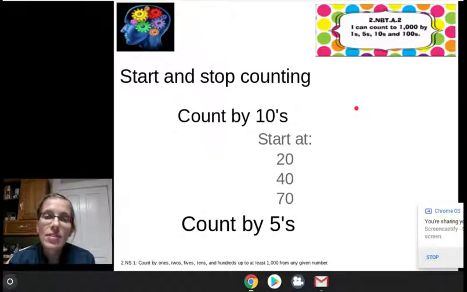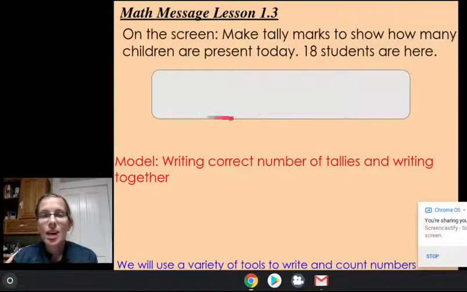Now counting by fives: 20, 25, 30, 35, 40, 45, 50, 55, so keep going, 40, 45, 50, 55, 60, 65, 70, 75, 80, keep going, and then 70, 75, 80, 85, 90, 95, 100, 105, 110.